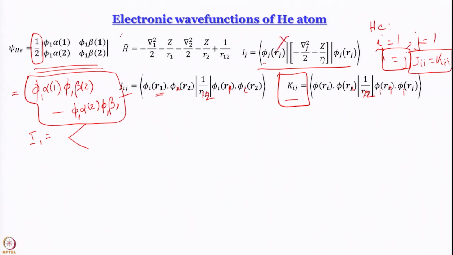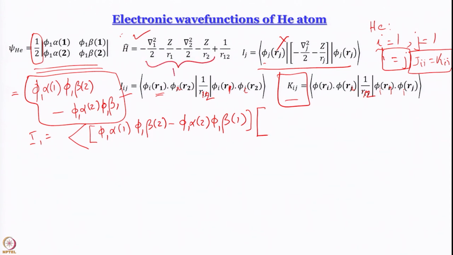I think I am confusing you by saying this, let us not write that, let us do this. Okay. So, I will just write the whole thing now, phi1 alpha 1 phi1 beta 2 minus phi1 alpha 2 phi1 beta 1, and in the Hamiltonian what I can do is I can just write this as say H1 plus H2.